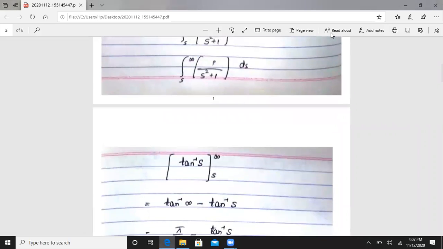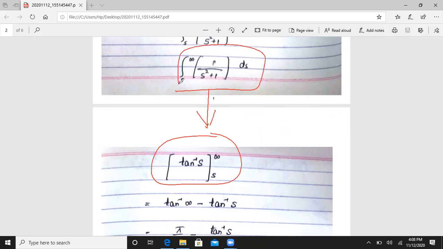For this function we use the integration formula: the integral of 1 divided by x square plus a square is tan inverse of x. When we integrate this function with respect to ds, we get tan inverse of s.